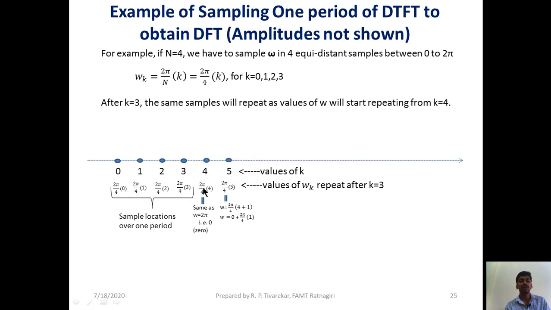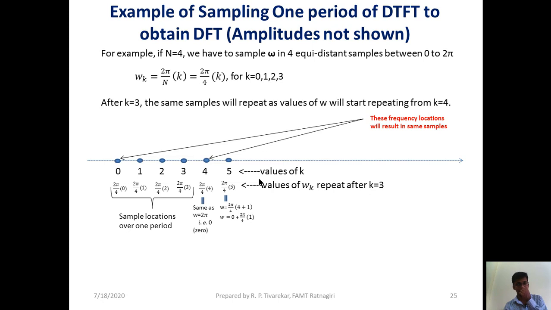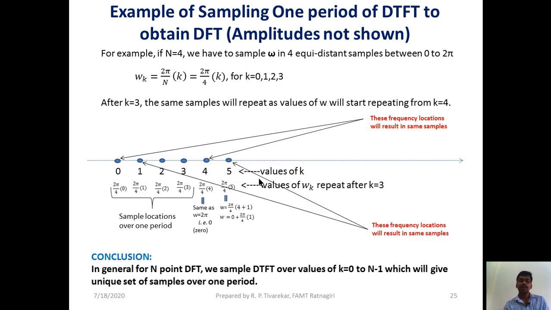After k equal to 3, the same samples get repeated. So we can conclude that in general for N point DFT, we sample DTFT over values of k equal to 0 to k equal to N minus 1, which will give us a unique set of samples over one period.